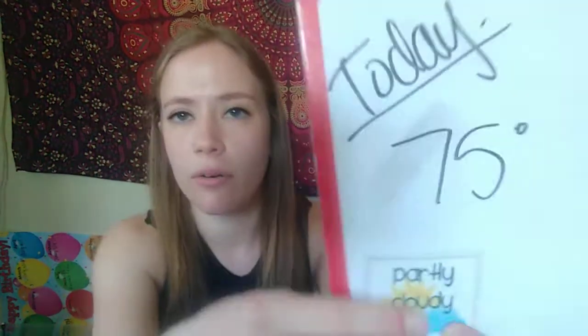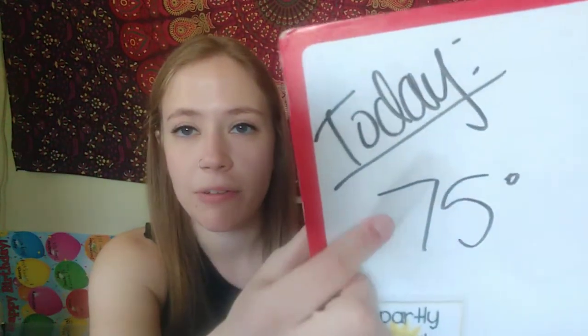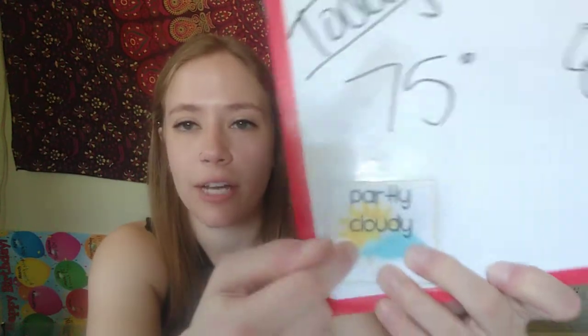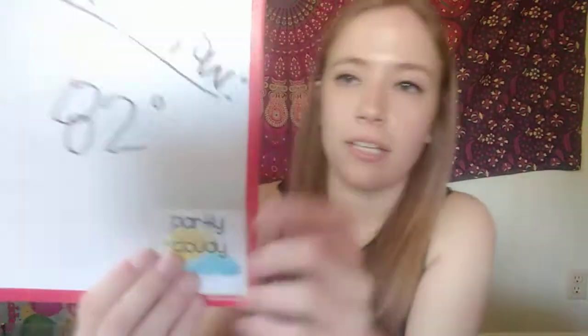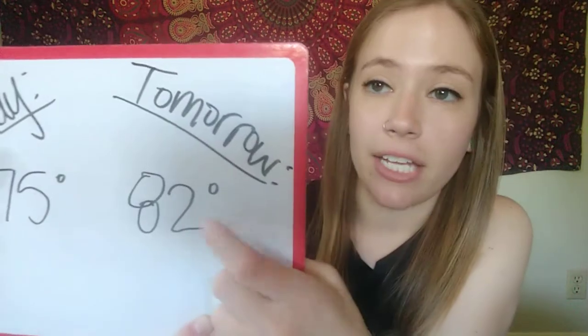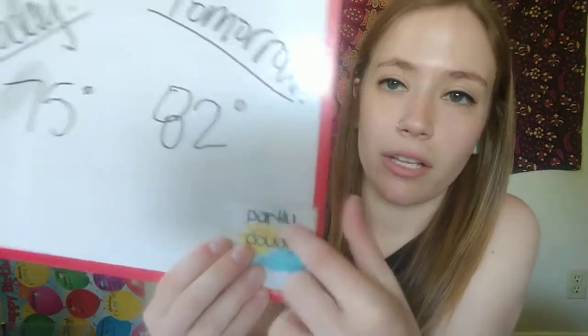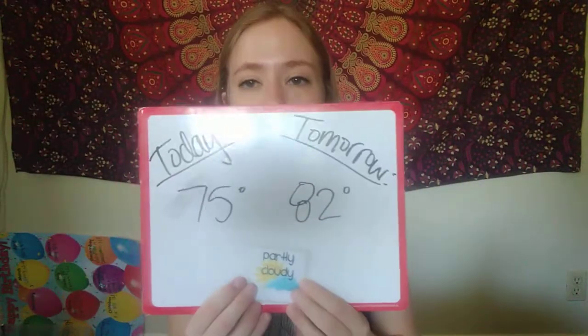And then tomorrow will be a high of 82 and also partly cloudy. So today a high of 75 degrees and partly cloudy. And tomorrow a high of 82 degrees and also partly cloudy. So there we go.